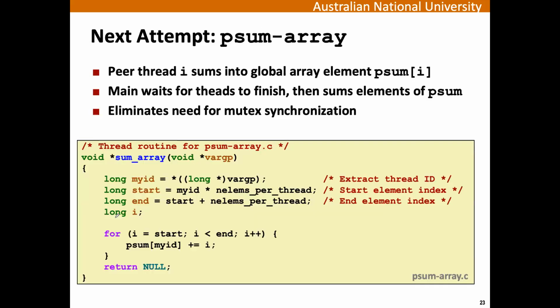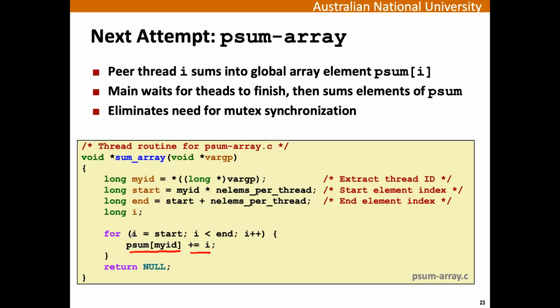All right, so what can we do? Let's do something different. Let's have a psum array, and each thread writes to a specific location in the array the sum that it computes.